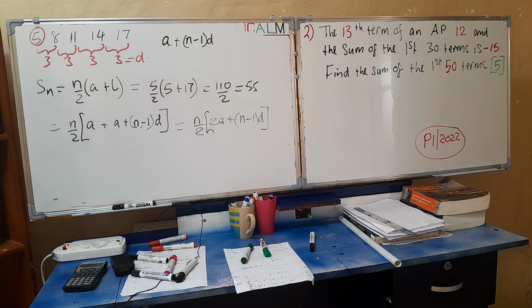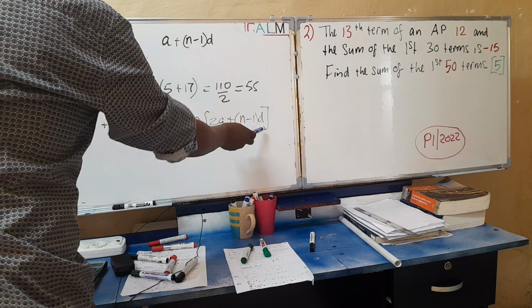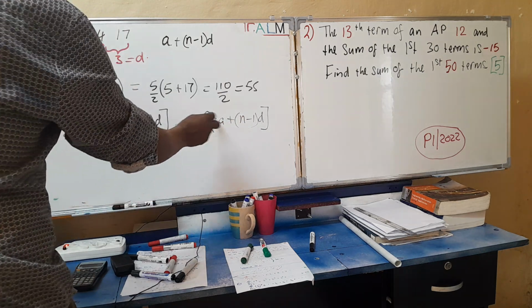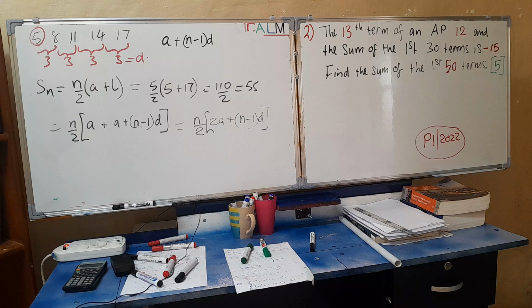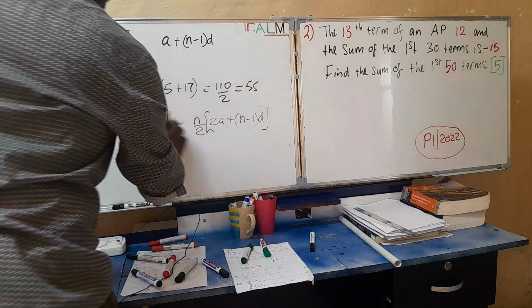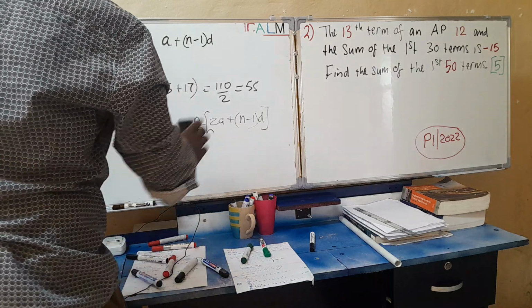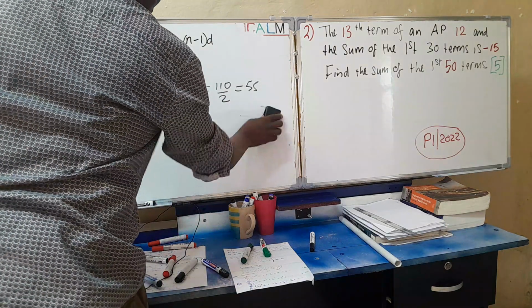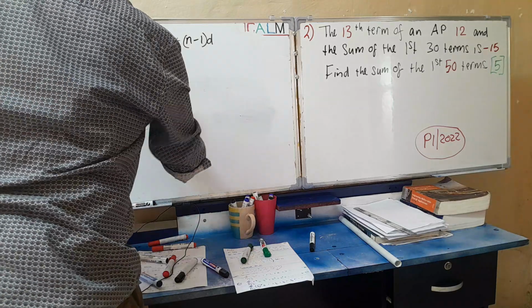Those are the two formulas which can be used for summing an arithmetic progression. But of course, each one of them depends on what you are given. If you are given the last term and the first term, this is the one to use. But if you are given information in terms of the common difference and the first term, this is the formula to use. So let's see if we can tackle our problem now, given the knowledge that we have. I'm going to put up the little formulas here so that we don't lose sight of them.